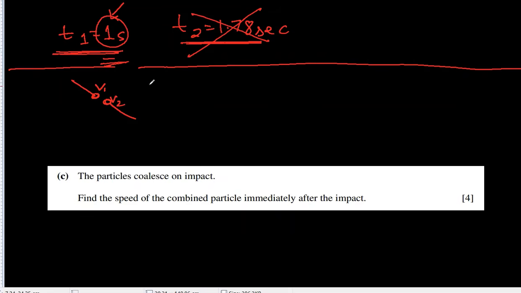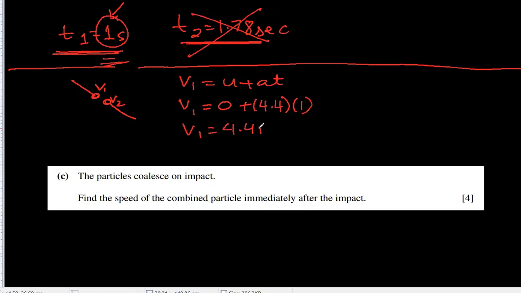So let's find V1 first, which is the particle P's velocity just before collision, will be u plus at. Alright, for particle P, there was no u. It was just let go, 0. Acceleration we just found out 4.4. And time we just know that it was 1 second. So V1 is 4.4 meters per second downwards.